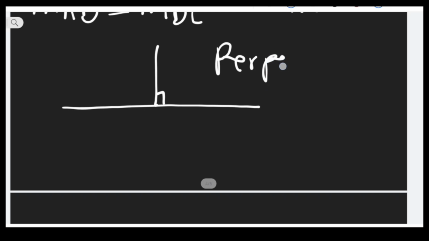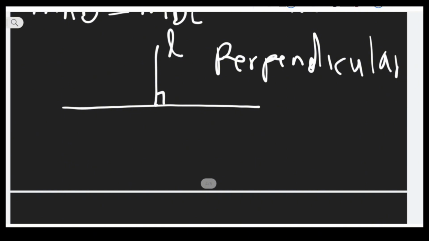Then we proceed. Another thing, when lines meet at 90 degrees, they are said to be perpendicular, because they are meeting at 90 degrees. This is line 1, this is line 2.